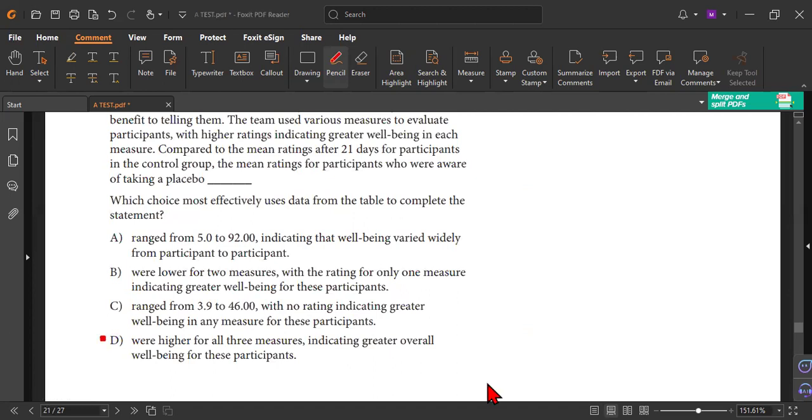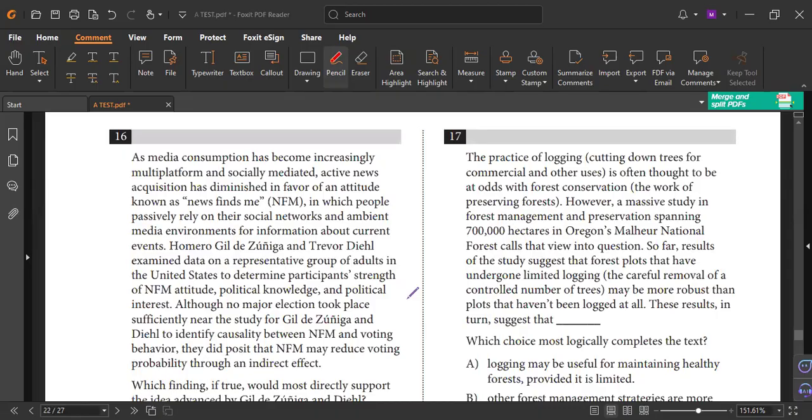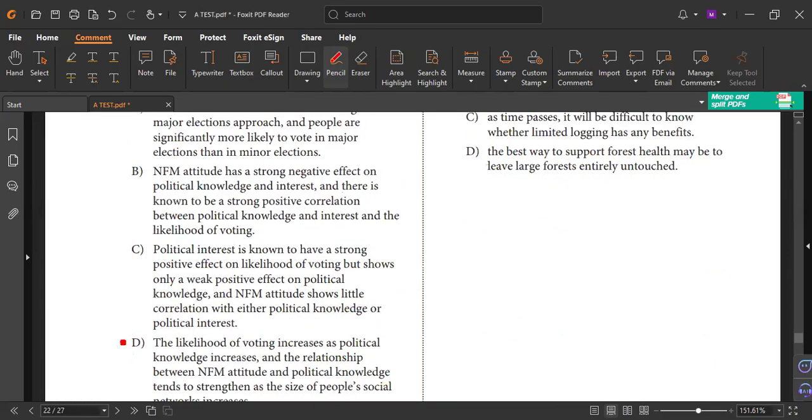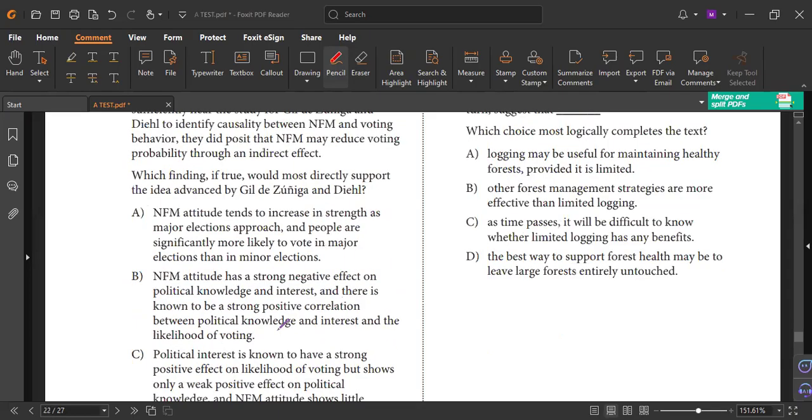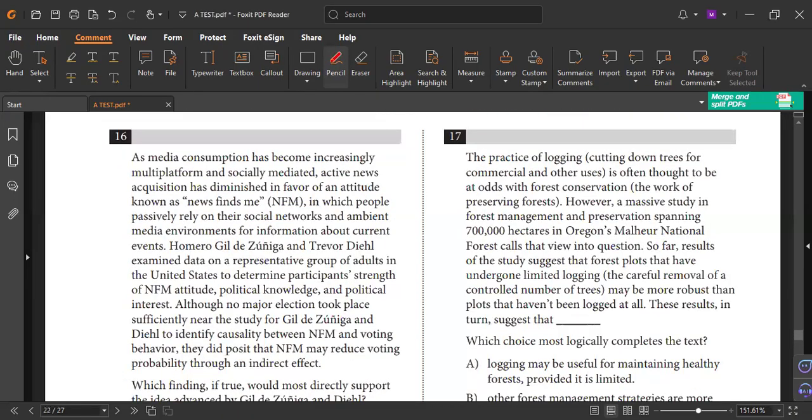And 16 is B. Number 16, it's letter B. Okay, 17 is A. Wait, number 16, it's not D. B. Yeah, so it's letter B, correct. Not D, B. Number 17, A. 17, we did it A, okay.